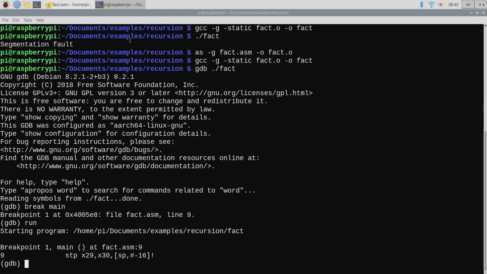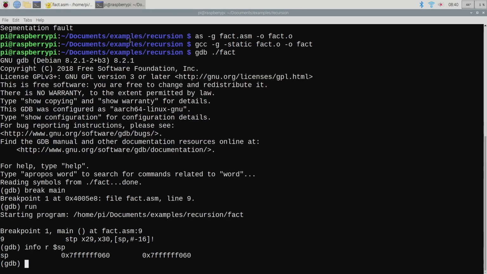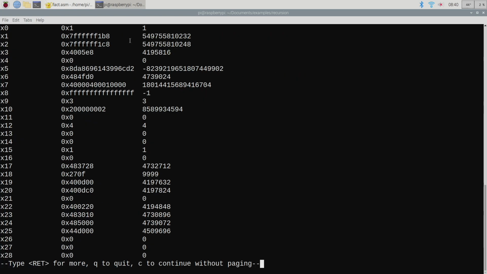So this in line 9 is about to execute. So what is my stack pointer right now? Okay, so let's look at all the registers, right?